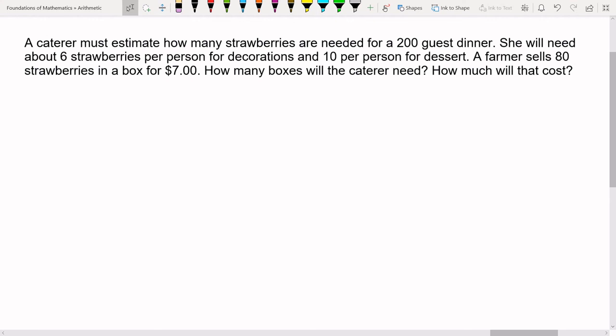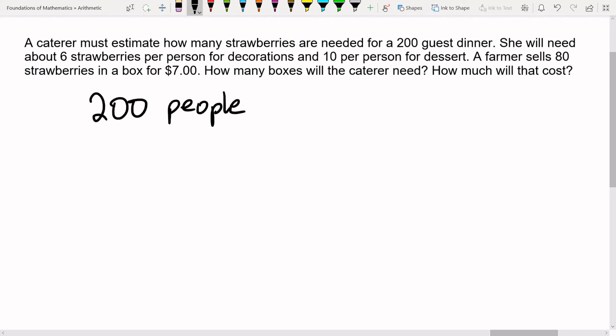Now, in the previous problems, you may have seen the first thing I do is extract the information out of the problem. We're going to do the same kind of thing here. So we know we have 200 people that we're catering for.